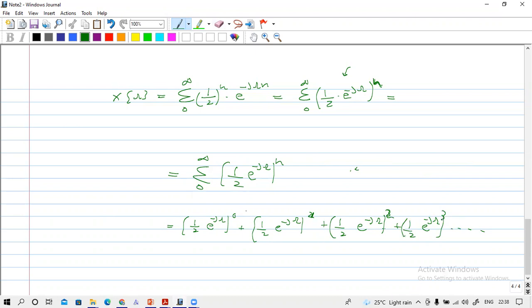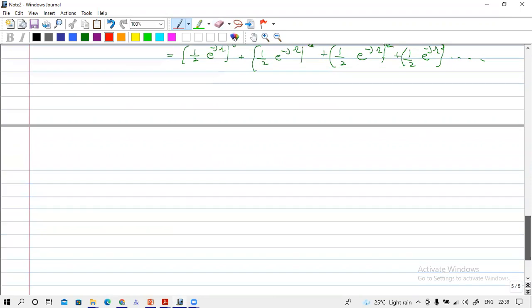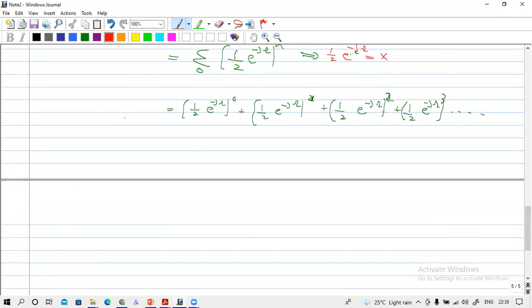If you consider this half e^(jω) as x, as in our previous example, you can see it is somewhat like this. So this is 1, and this is x, and here it is x squared.